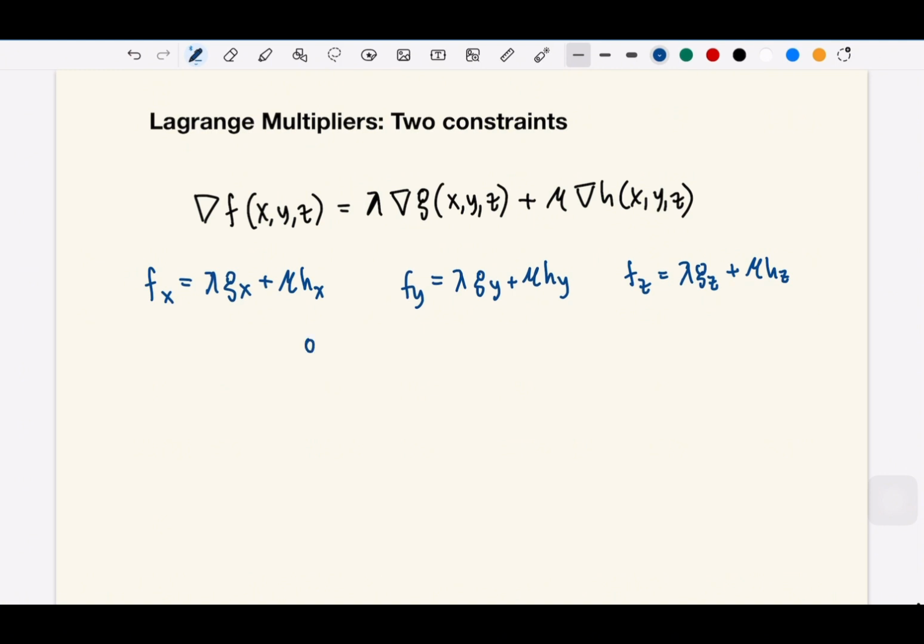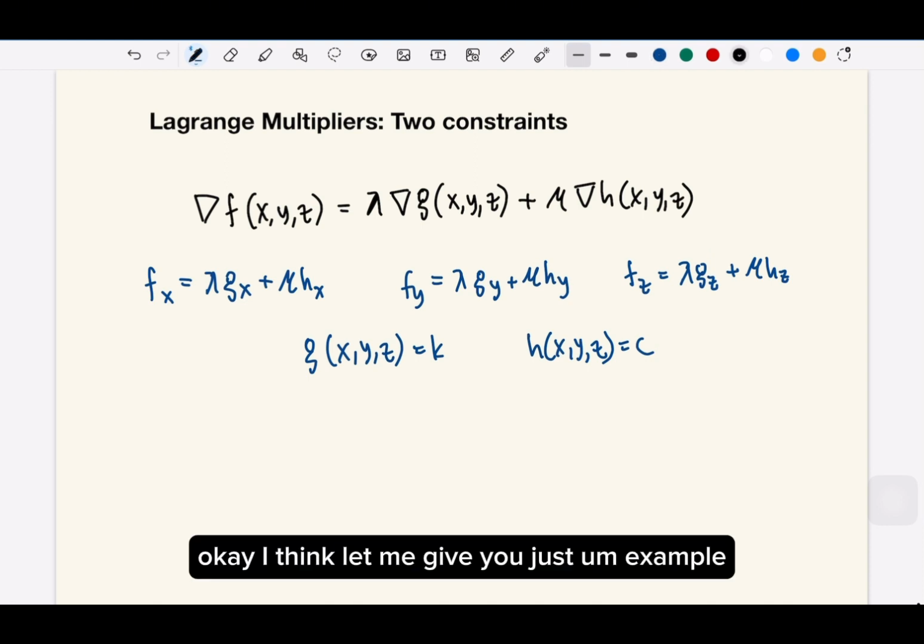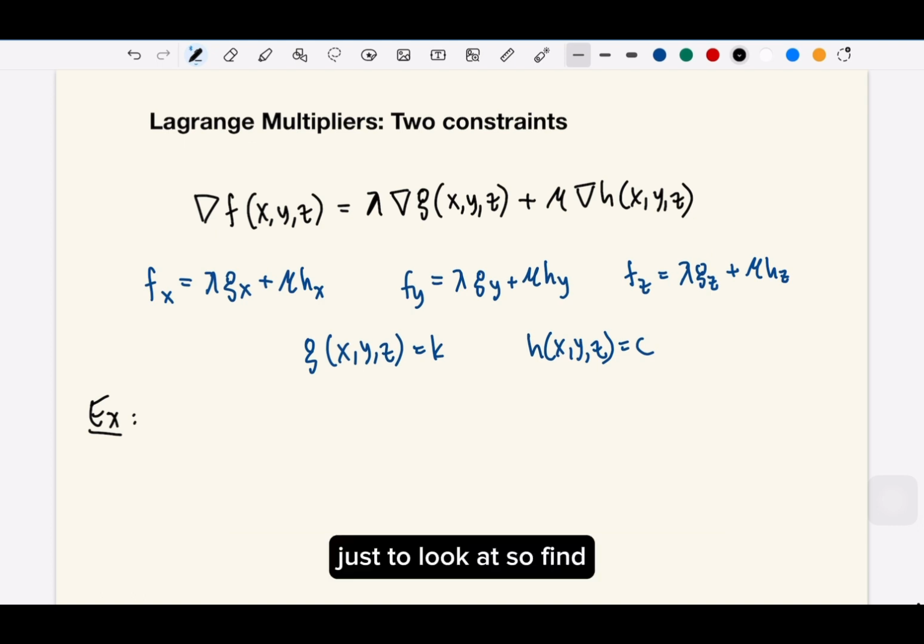Where the G is equal to K and H, let's say, equals C. Okay, I think let me give you just an example just to look at.